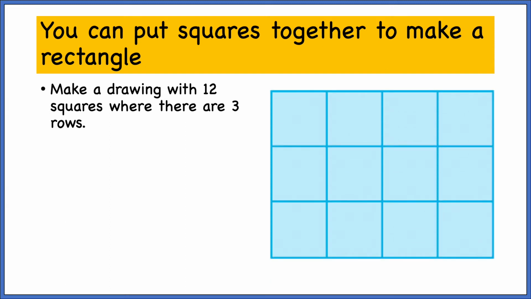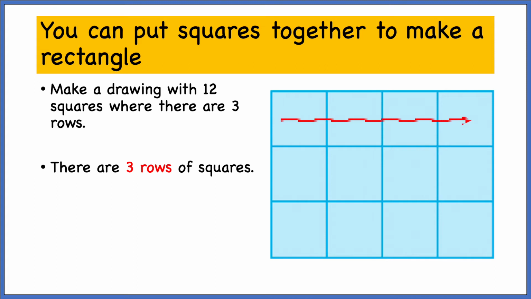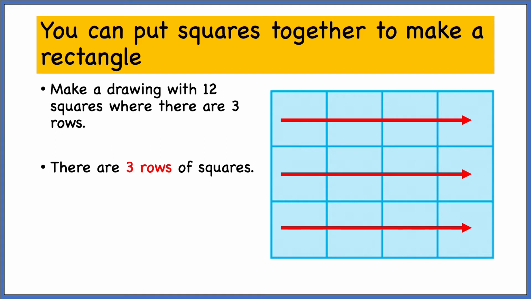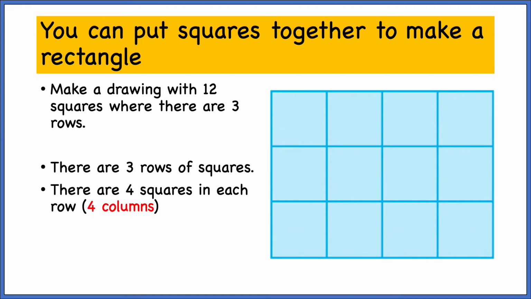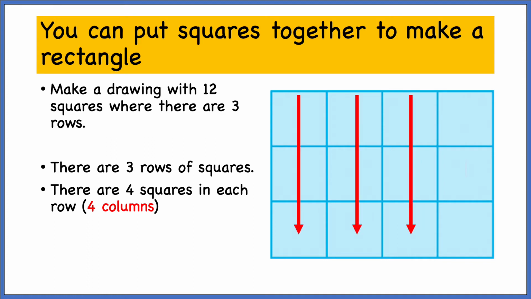Here you see what that might look like. There are 3 rows of squares. 1, 2, 3. There are 4 squares in each row. That means that there are 4 columns. 1, 2, 3, 4.